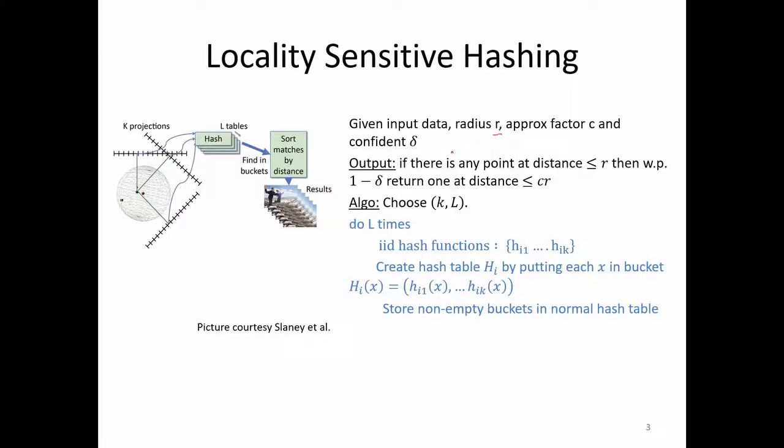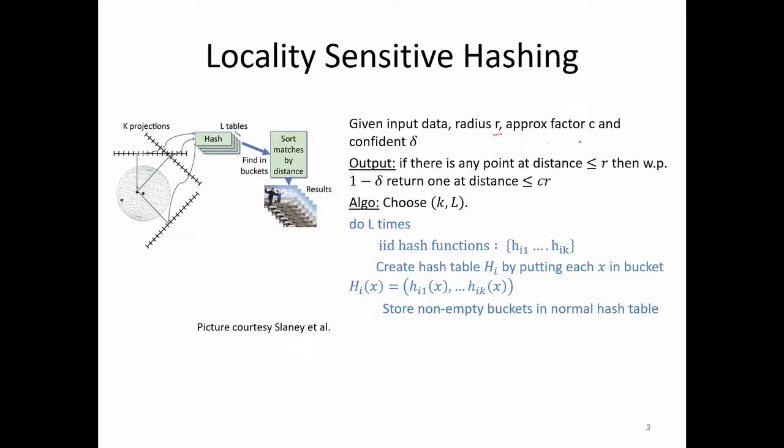Okay, so before applying LSH itself, you will decide on a radius r within which you will retrieve all possible neighbors. So this is also called the near neighbor search problem. Okay, that you want to retrieve all neighbors which are within a radius of r from any point. Okay, this is the problem.